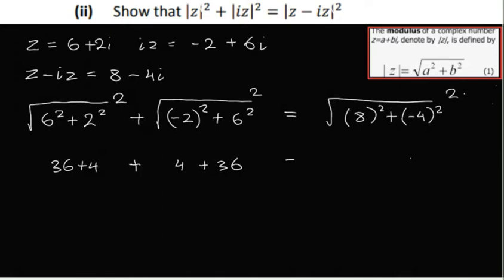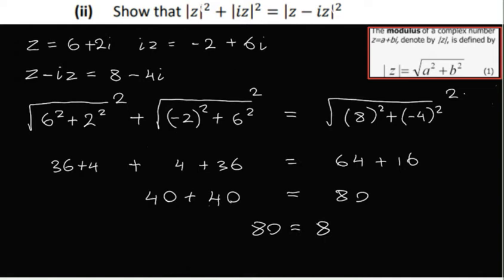And over here we have 64 plus 16. So on the left hand side we will have a sum total of 40 plus 40, and 80 over here. And 80 is equal to 80, therefore this is true.